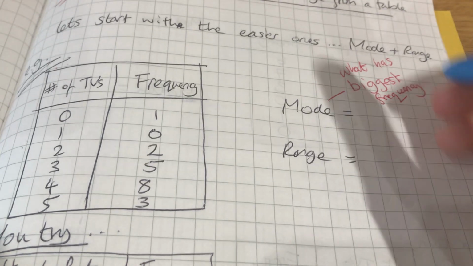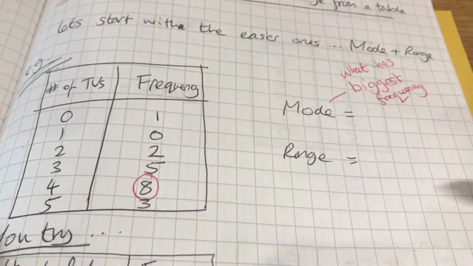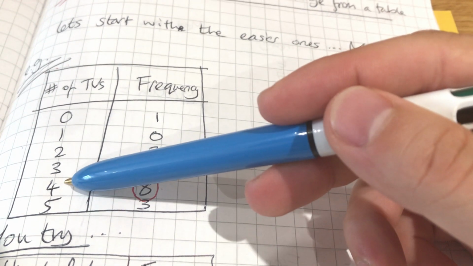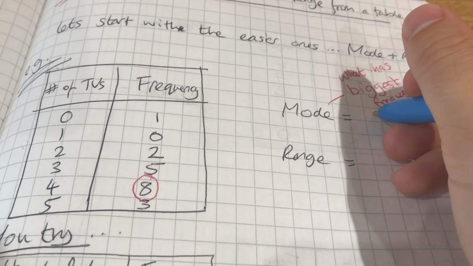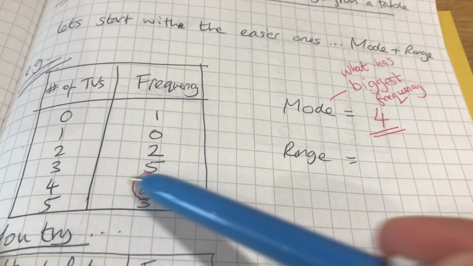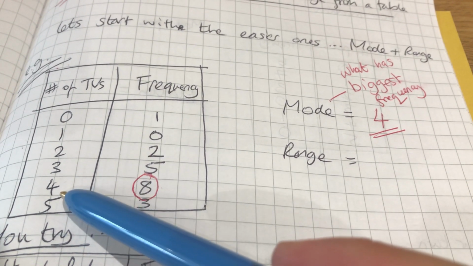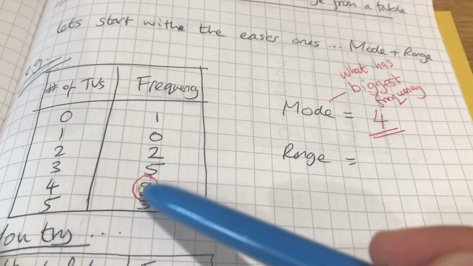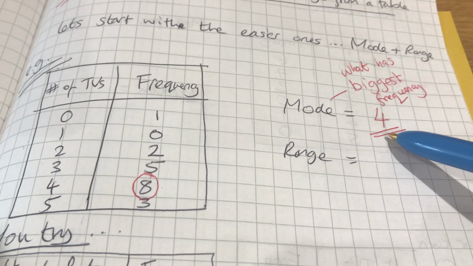I'll show you what I mean. There's the biggest frequency, 8. That means 8 households owned 4 TVs. So it's the 4 that is the mode, because that's 8 lots of 4, 3 lots of 5, 5 lots of 3, but 8 lots of 4. That's the biggest number of 4s, so the mode must be 4.